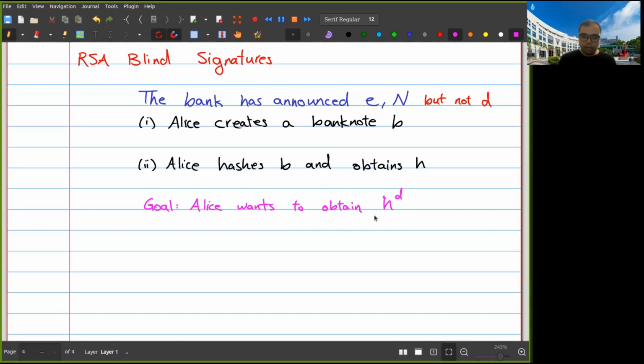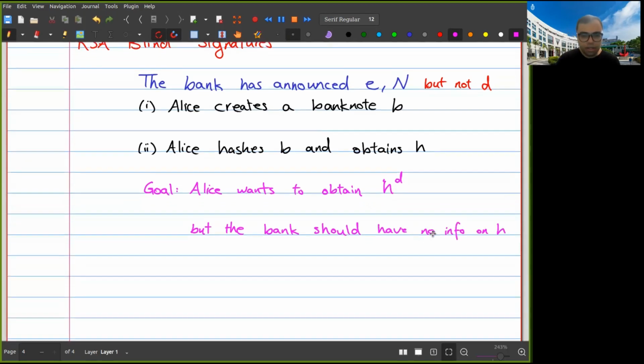So Alice wants to obtain H to the power of D, but she doesn't want the bank to see H. The bank should have no info on H. This is our goal.